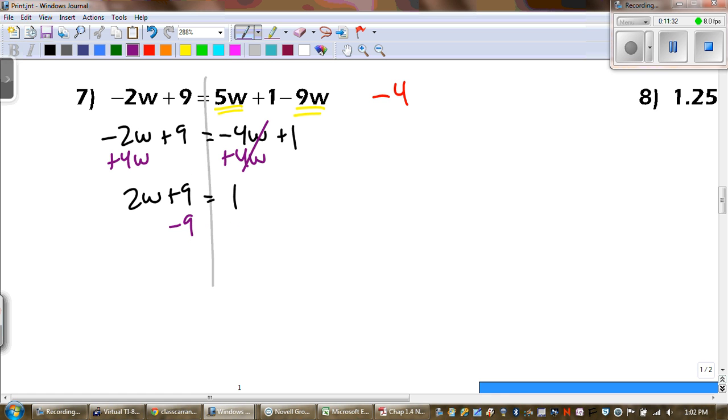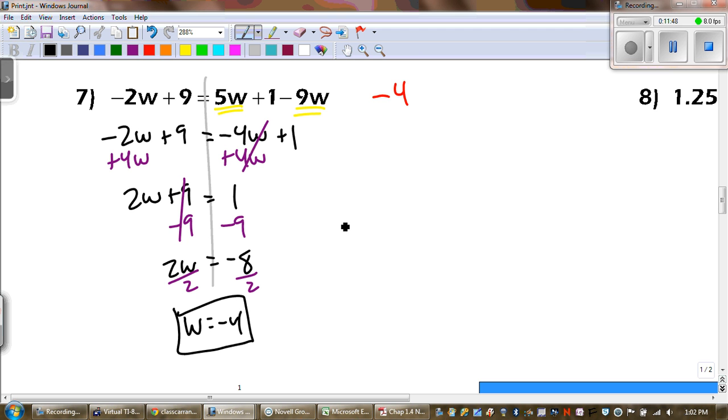Okay, and now I'm solving by SADMAP, reverse order of operations. And there's our answer. Okay?